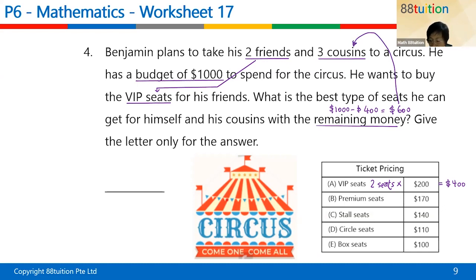So can this be divisible by what? You divide by how many? You go and check. If let's say he buys 140, probably yes. He wants the best seat. So what can he buy?